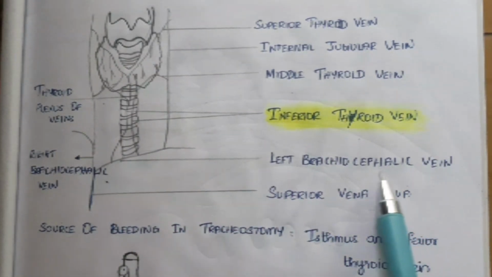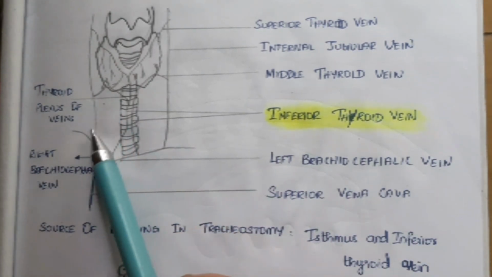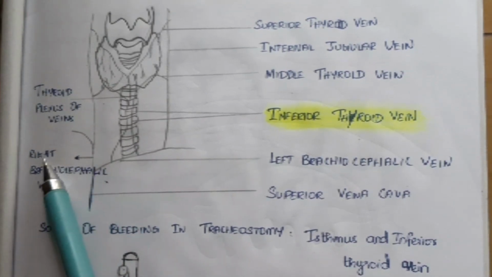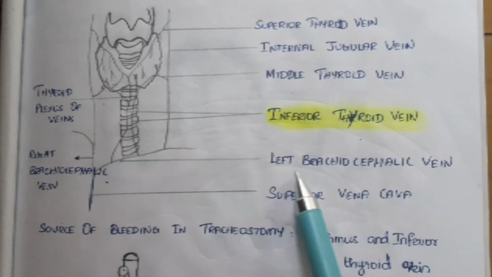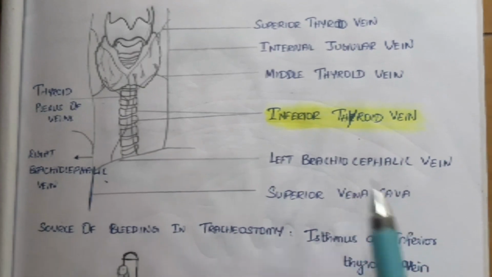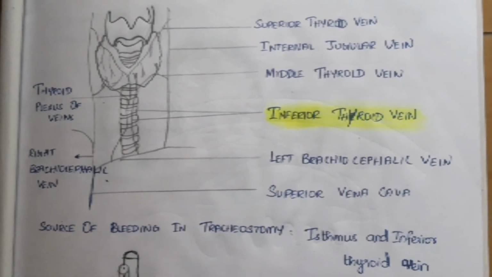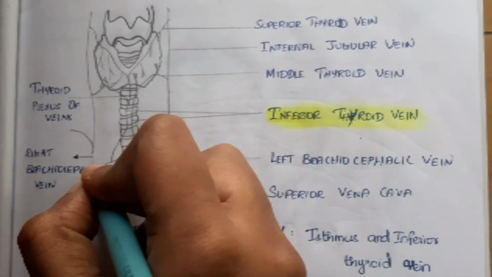This one is the left brachiocephalic vein, and here this is the right brachiocephalic vein. Left and right brachiocephalic veins drain into the superior vena cava, and the blood from the superior vena cava drains into the right atrium of the heart.